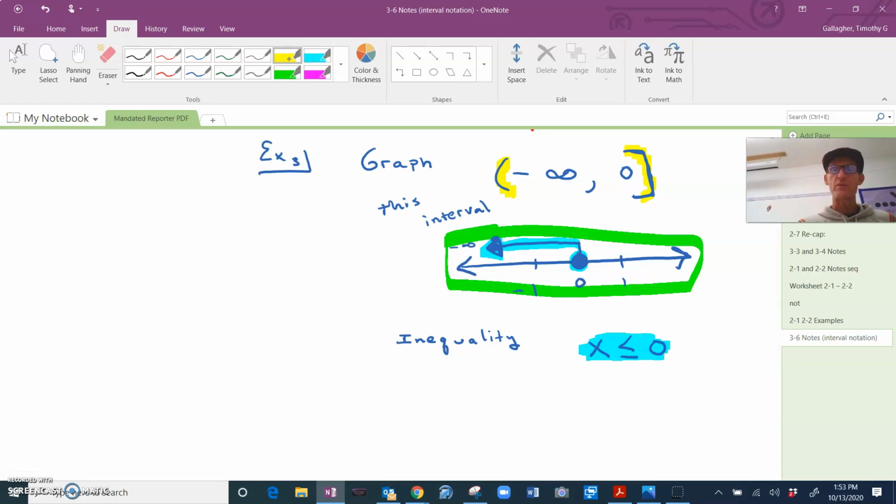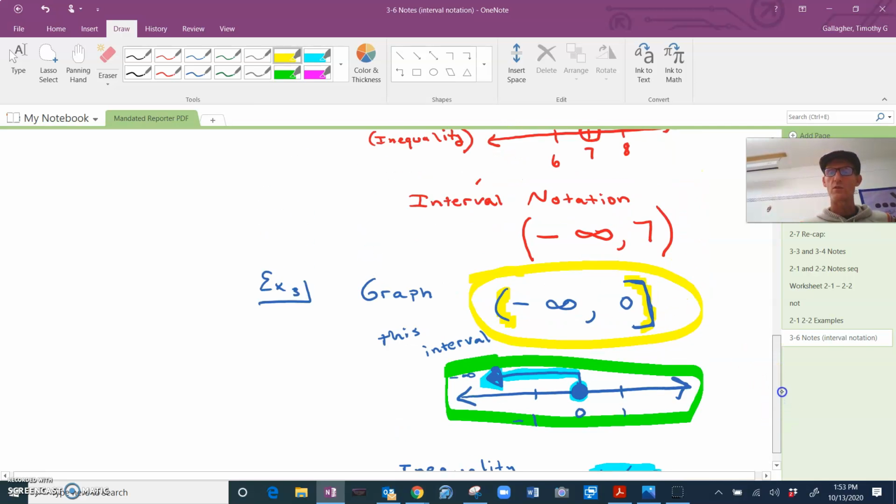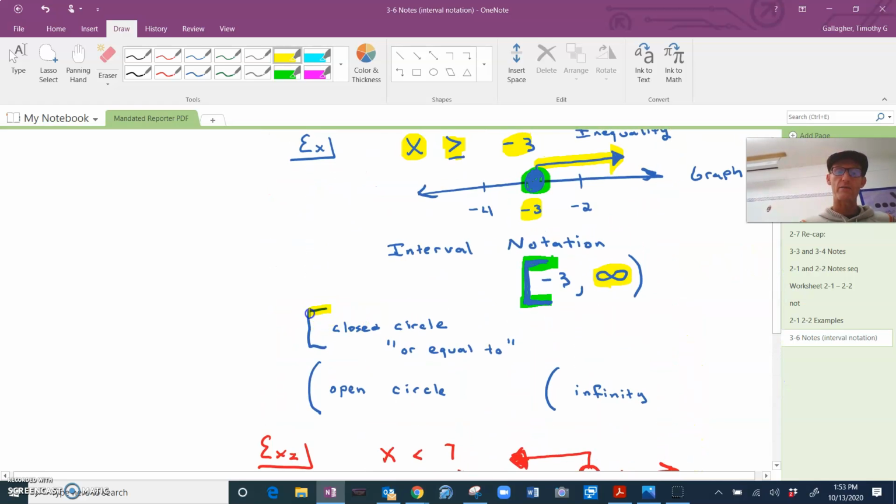And don't forget that we started off right up here with the interval notation, which is a closed circle for the bracket, which indicates or equal to, and a parentheses for an open circle, in which case there's no line underneath the inequality sign.